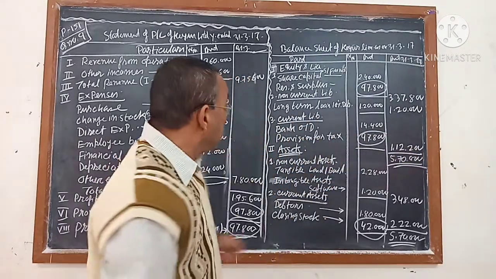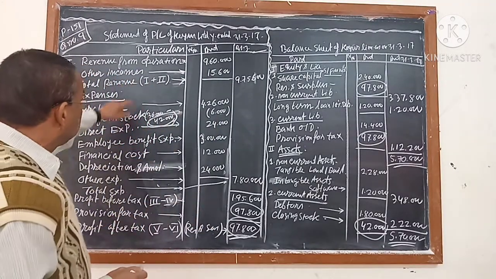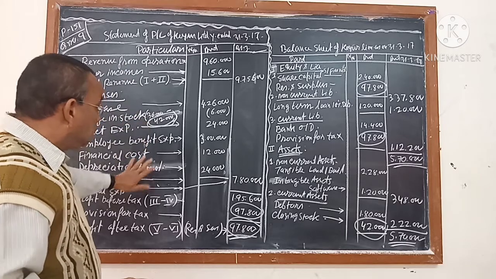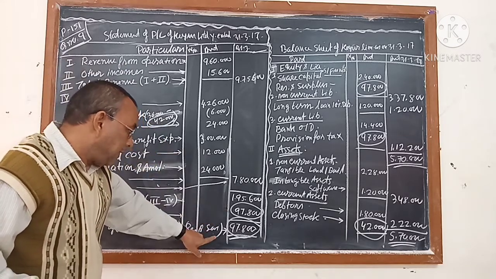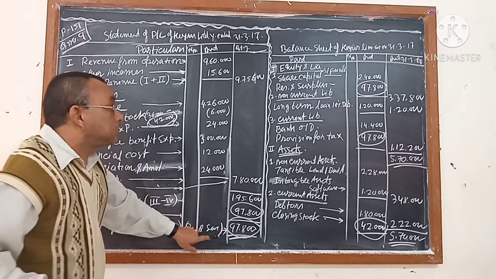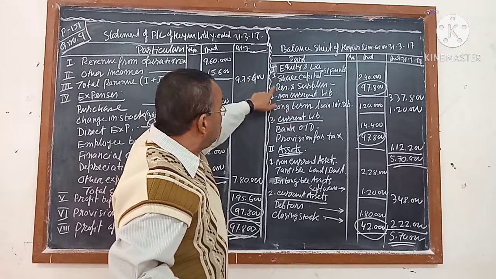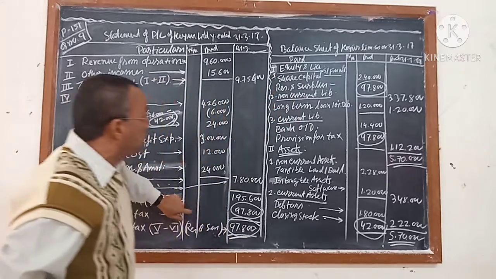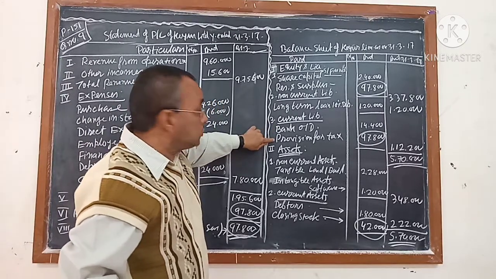Understood? So where the students make mistakes, I want to repeat. From this profit and loss statement, generally the closing stock, tax, and reserve and surplus. Profit means reserve and surplus. So reserve and surplus in your balance sheet is not given, even in the question, because this will come from the profit and loss statement, and this also will come from the profit and loss statement.